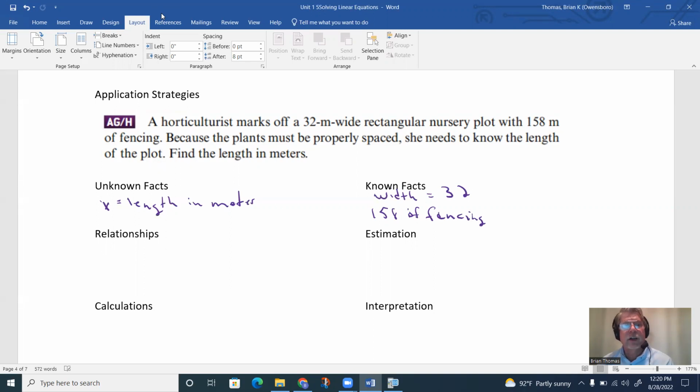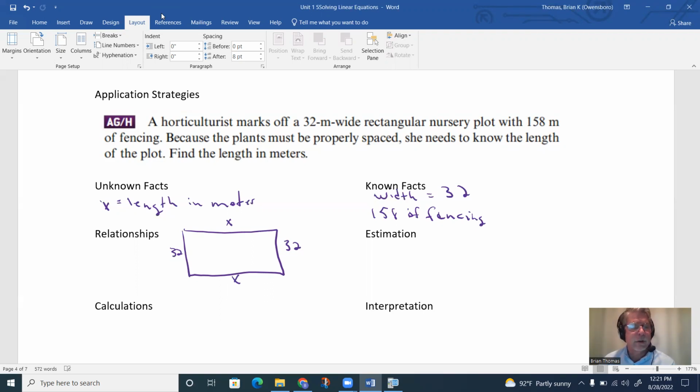So from there, we need to identify a relationship. Well, this is kind of a geometry question because there's this word rectangular. So in drawing this, we pick up on that there is this rectangle going on. And we know that the 32 goes here, which means there's also got to be a 32 over here. What we don't know is the length in meters and the length in meters. But the fencing has to go all the way around the rectangle.